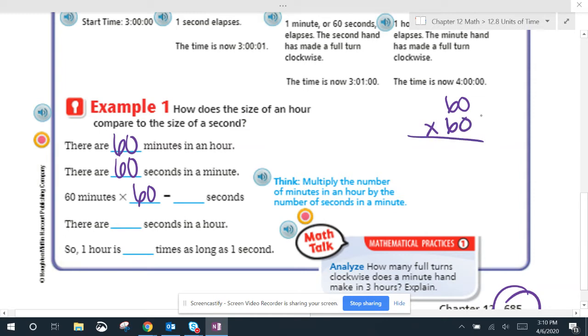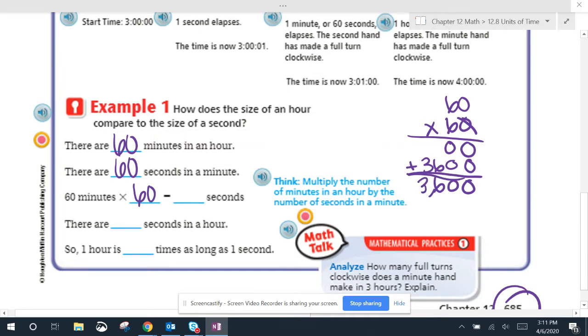So we know our zero multiplication. 0 times 0 is 0. 0 times 0 is 0. Then I add a 0 because I'm moving to the next place value. 6 times 0 is still 0. 6 times 6 is 36. 0, 0, 6, 3.